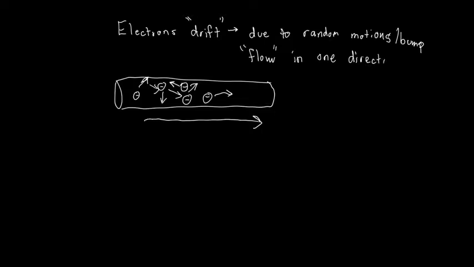They actually drift as they're going down this wire. And we can give a definition for this. V sub d, so V with a little subscript d, is called the drift velocity.